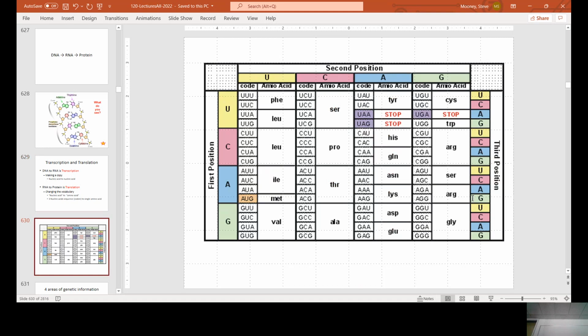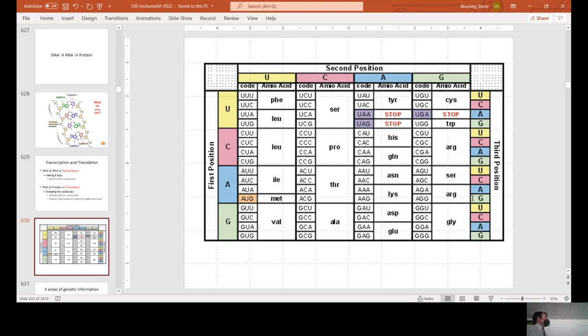The rubric or the Rosetta Stone for this is this chart that I gave you last time. The codons with the 3 nucleic acids in a row all code for specific amino acids that are used to build those proteins.